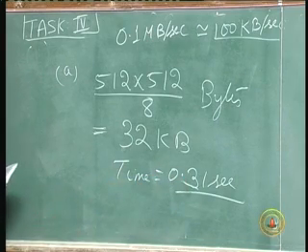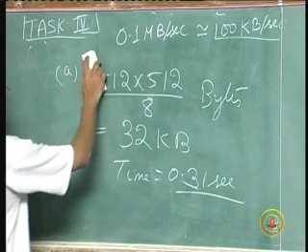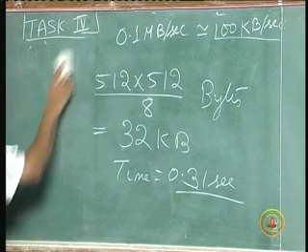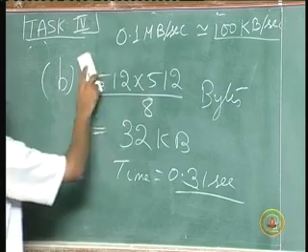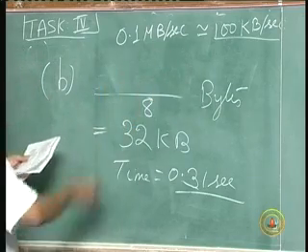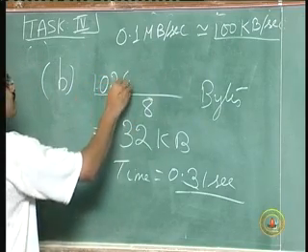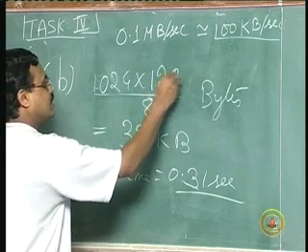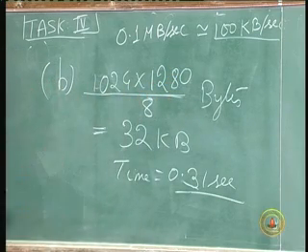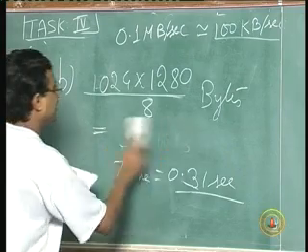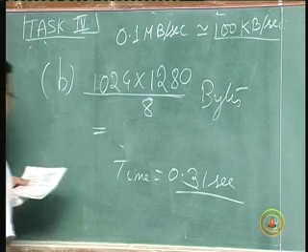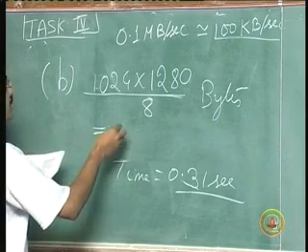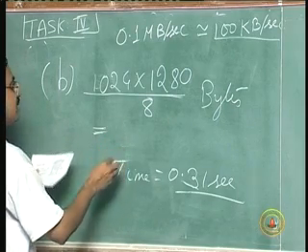I will quickly override with the second part, part B, which has 1024 and 1280, more or less the larger monitor. 1024 multiplied by 1280 divided by 8 gives the number of bytes to be transferred, and you can check it for yourself.